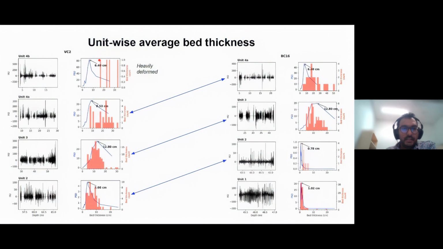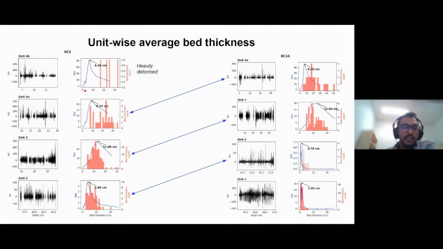So the figures on the left and the right hand here show the results for the 2 boreholes, VC2 and VC16. So in the left hand, we see the resampled and detrended HU profiles for each of the units in VC2 and VC16.